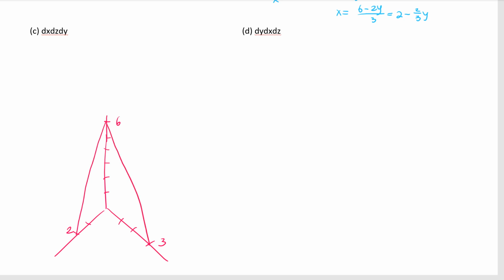Sometimes it's good to have a big picture. Okay, so x, y, z. All right, and the function in the middle is the same. So here we still have x squared and dx, dz, dy.